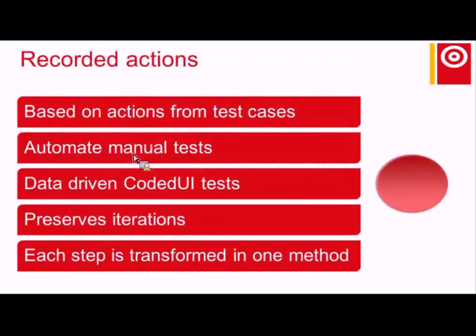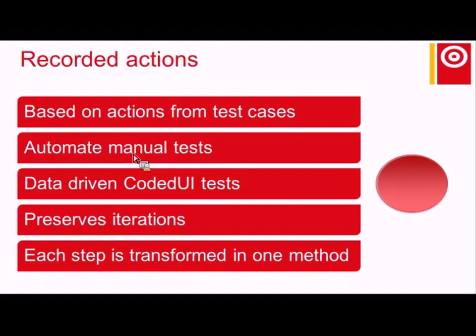It takes the actions in our test cases and creates the recorded test there. So when we've got a manual test that was recorded under MTM, we can now automate that. All the data driving that was possible with MTM tests is carried through and converted into the appropriate data driving for coded UI.